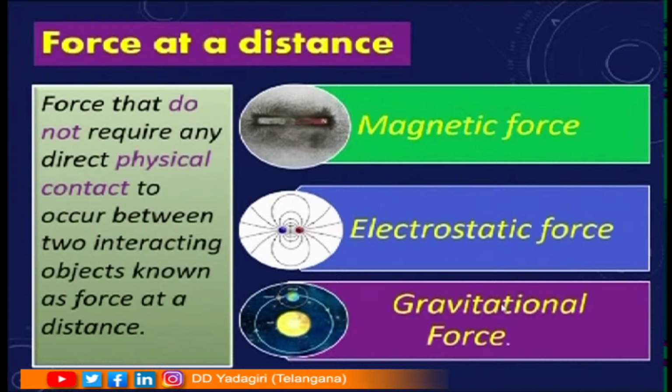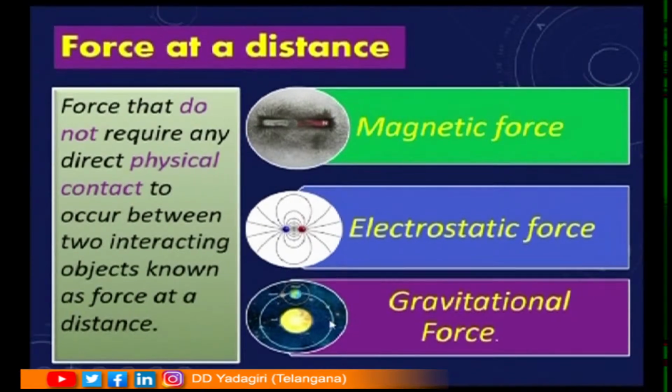And the third example, which we experience daily in our life, is gravitational force, which exists between two massive objects separated by a distance. Due to gravitational force only, the atmosphere is surrounded by the earth. These are the three forces which are examples of force at a distance.